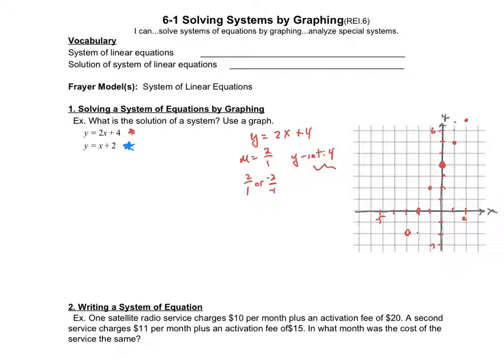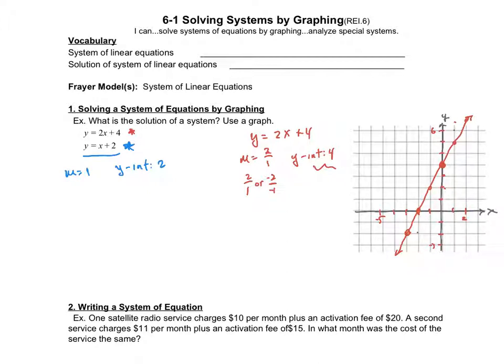Now in order to graph this line, I want to make sure that I connect all my points, or my solutions of this line. All right, so there's one graph, and the next graph is going to be y equals x plus 2. My y-intercept here is going to be positive 2, and then my slope is going to be the coefficient of x, which is 1.